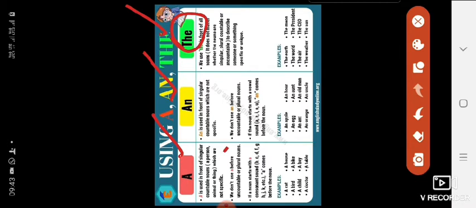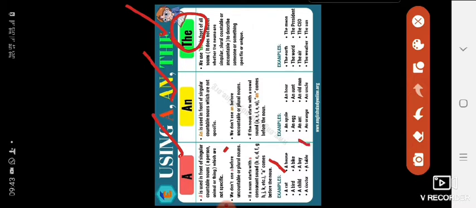What is singular and what are the countable nouns? Singular, which means only one, and countable nouns are those nouns which can be counted. For example, in case of singular nouns, we mention a cat, a bird, a child, a doctor, a house, a bike, a man, a table.